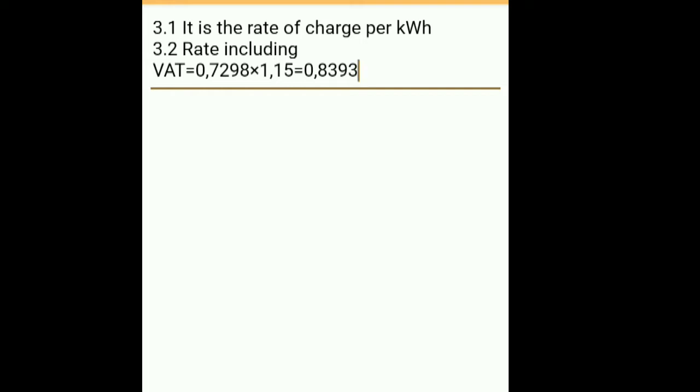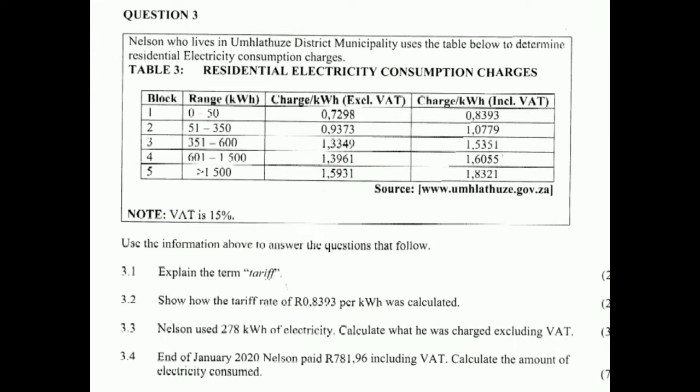They are asking us to show how they calculated the tariff rate of 0.8393 per kilowatt. So now we are trying to prove how they calculated that. We are saying 0.7298 multiplied by 115%. If you want to make things simple, multiply by 115%.